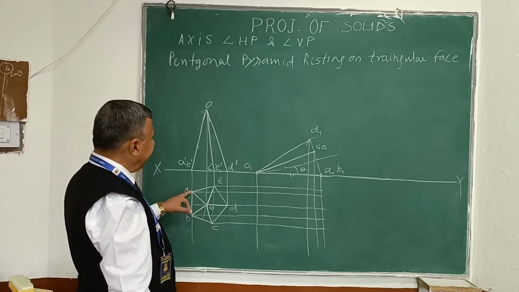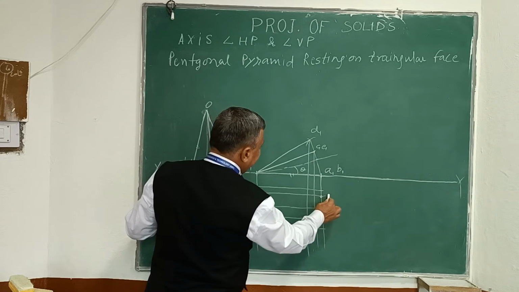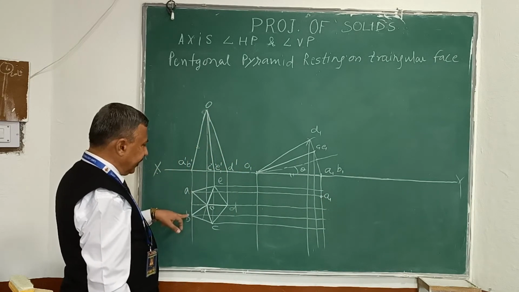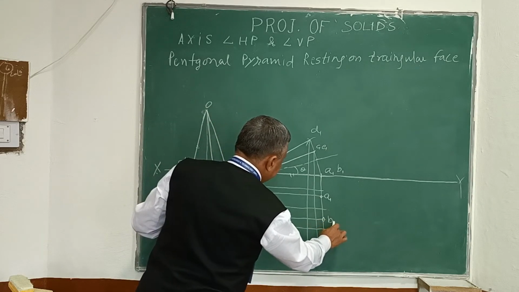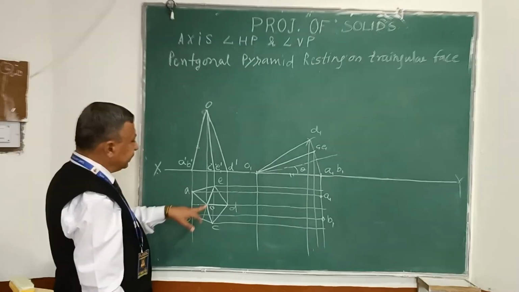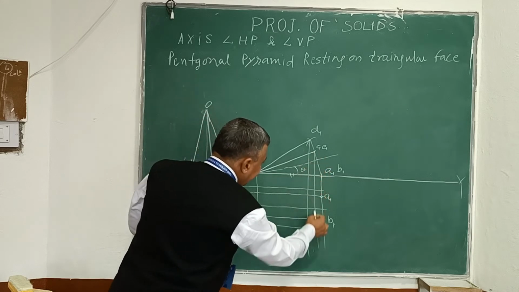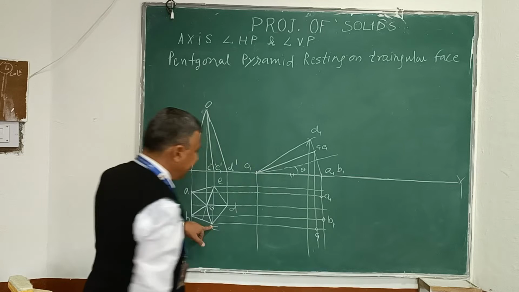Now take A. Where is A? We get A here. We get A1 here. B. We get B1 here. This is B1. Now we get C. So this is our C. So we get C1 here.